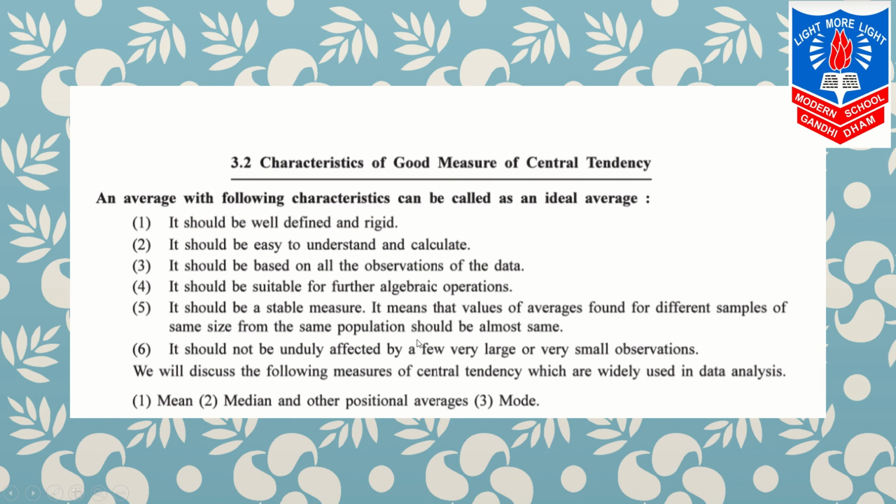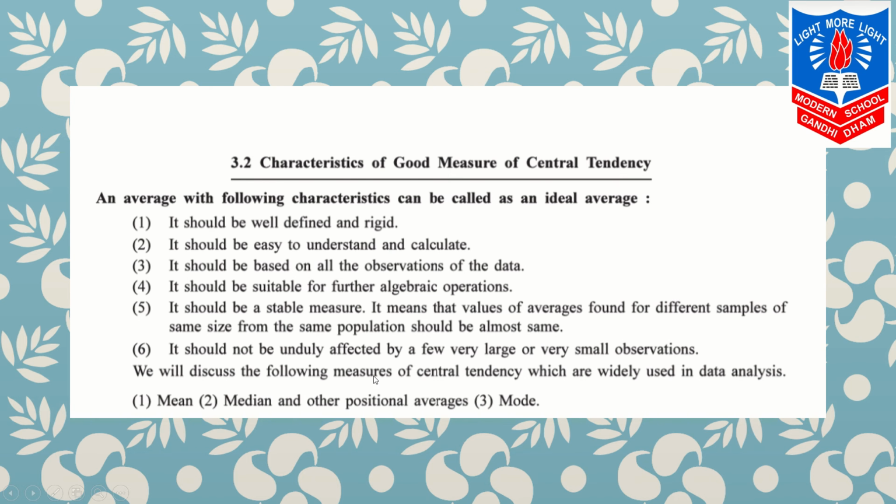Yes, if we are taking different samples from the same population, then our answer should be the same. It should be stable. The next one is it should not be unduly affected by a few very large or very small observations. Yes, it shouldn't be affected by very large or very small observations.